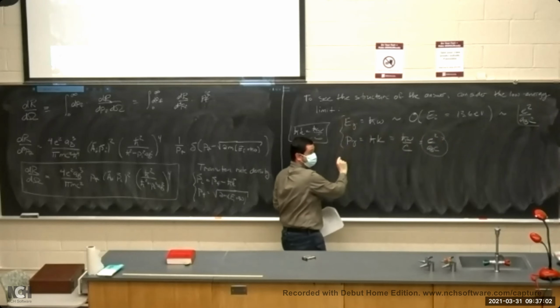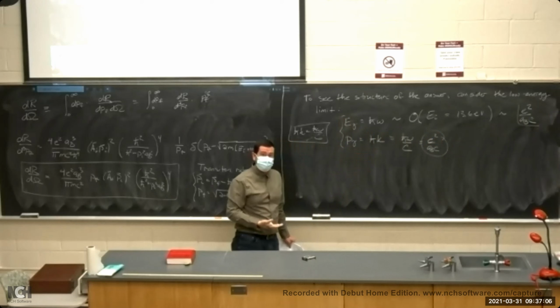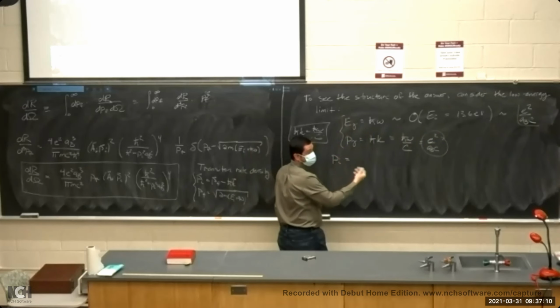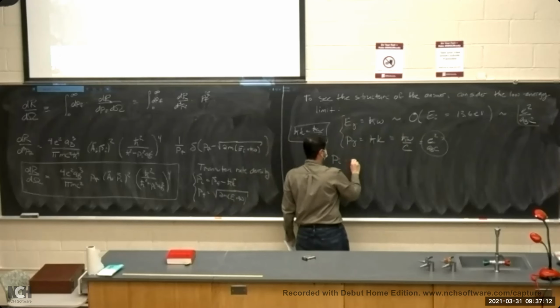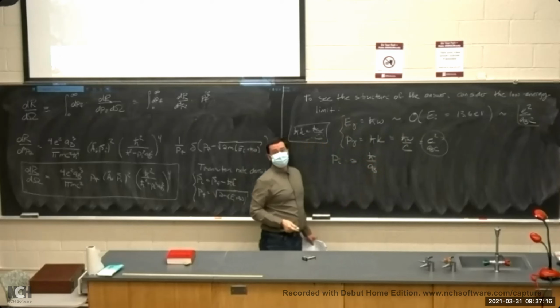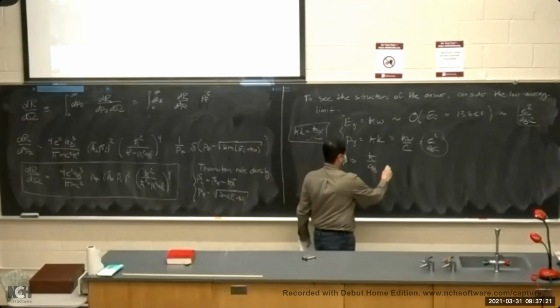This is much less than the momentum that the electron already had inside the hydrogen atom. The initial momentum it has already inside the hydrogen atom is on the order of ħ divided by the Bohr radius, coming from confinement, coming from the uncertainty principle.